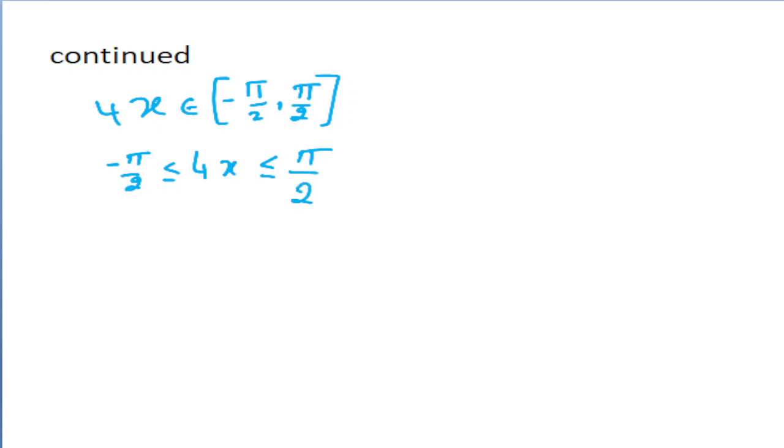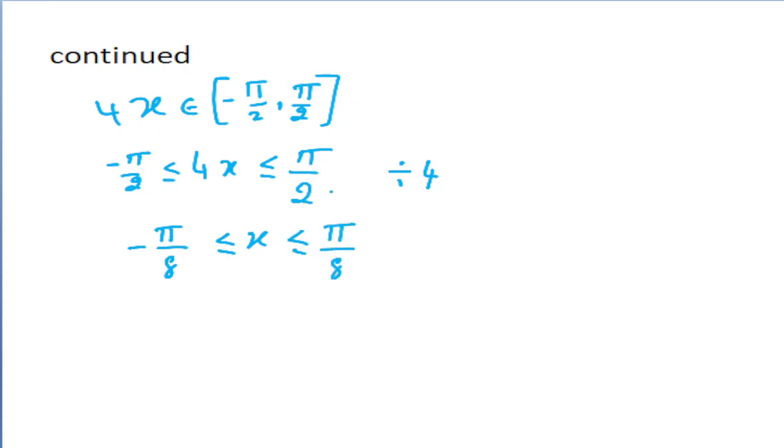We can write it as an inequality. Now dividing this inequality throughout by 4, we can find the value of x. Minus pi by 2 divided by 4 is minus pi by 8, less than or equal to x less than or equal to pi by 8. 4x by 4 is x.